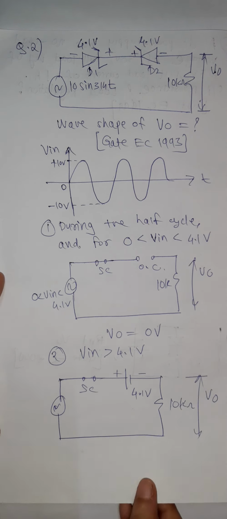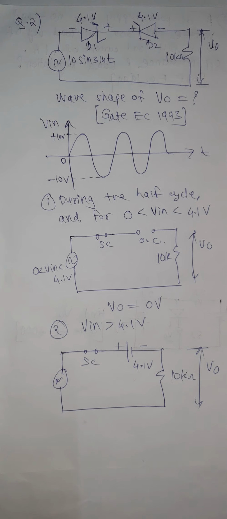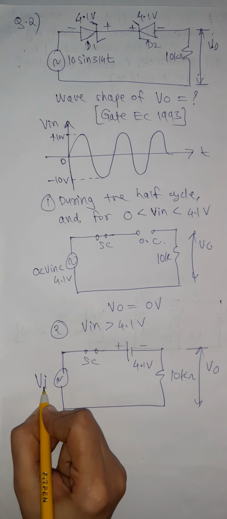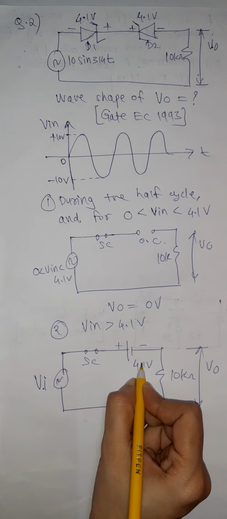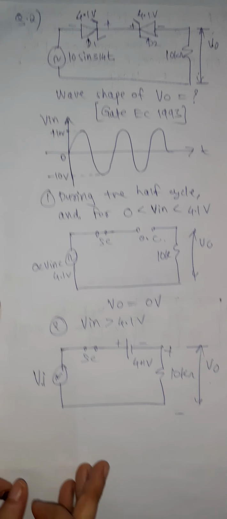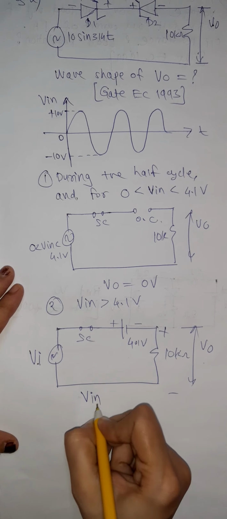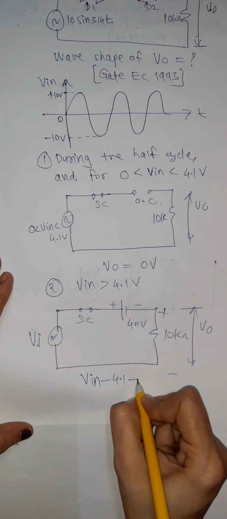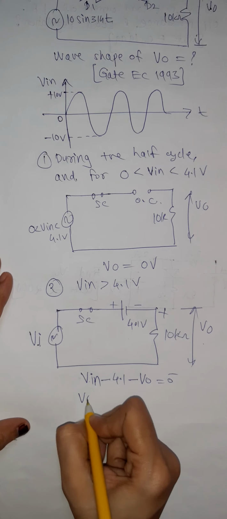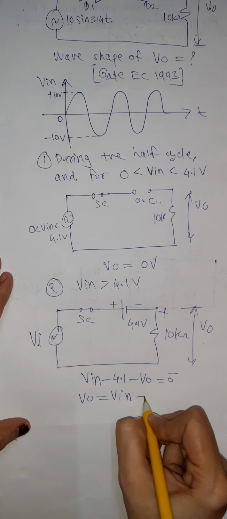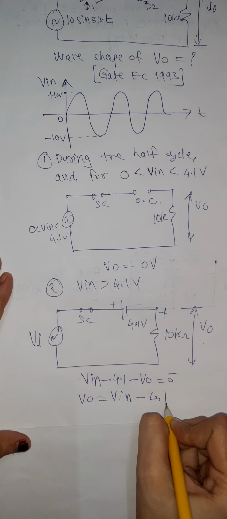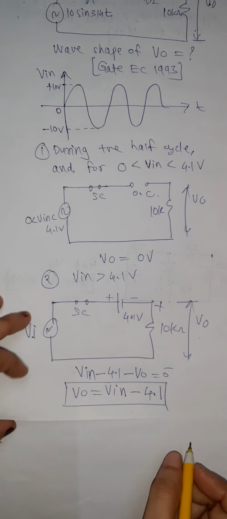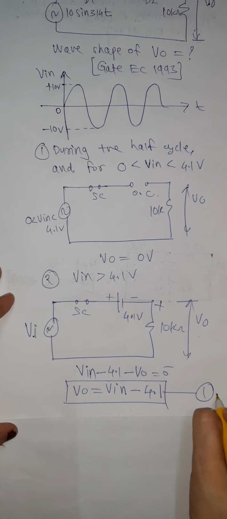Directly applying KVL, V in minus 4.1 minus V0 is equal to 0. So V0 is equal to V in minus 4.1. This is our equation 1.